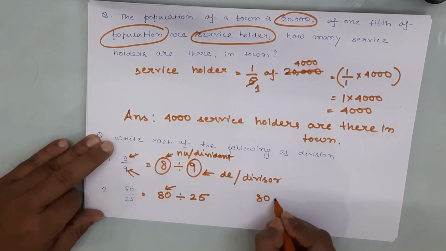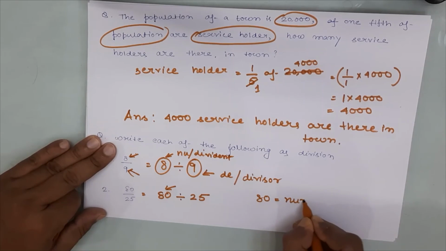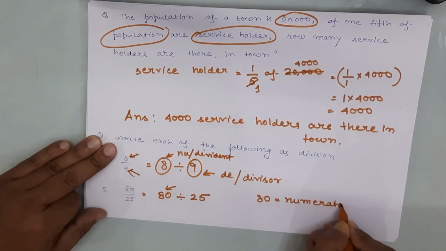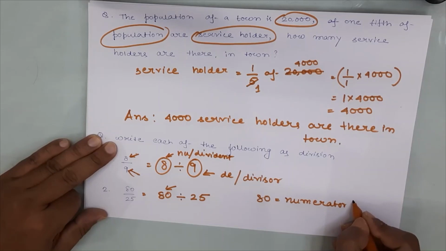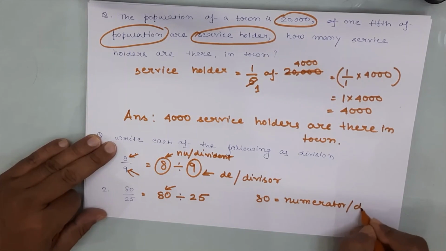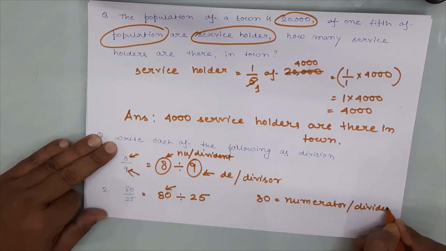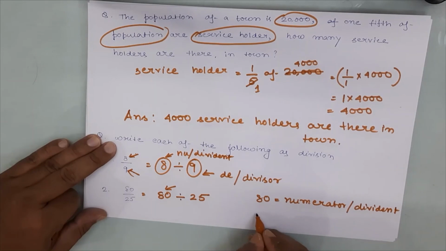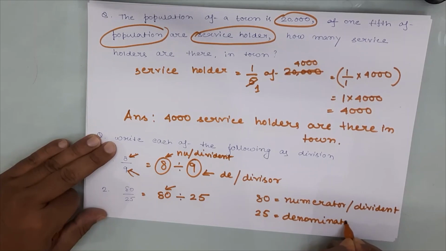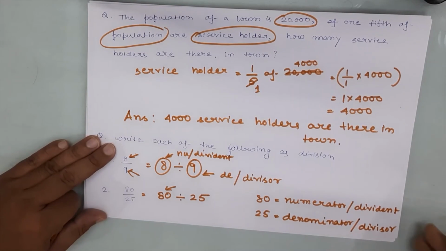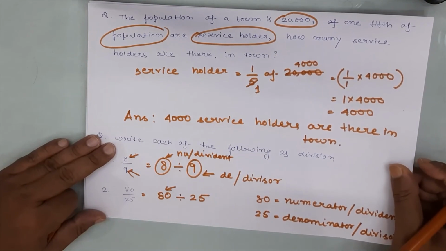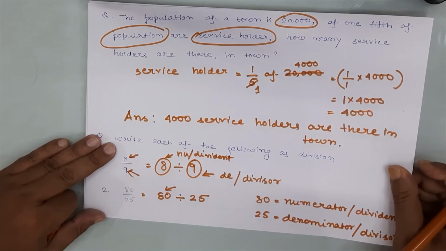So 80 is equal to numerator slash, in this example, dividend, and 25 is equal to denominator slash divisor. Aren't these maths very interesting?